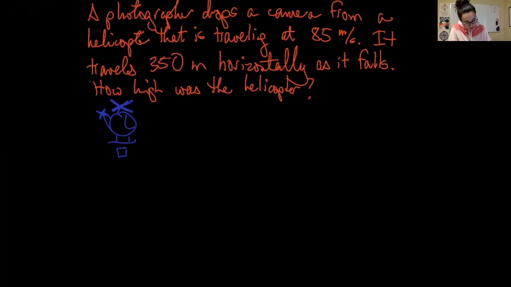And so the camera is going to follow a parabola as it falls. The camera's initial velocity the instant it leaves the helicopter will be the same as the helicopter's velocity. And the question is, how far does it fall vertically if we know how far it travels horizontally?